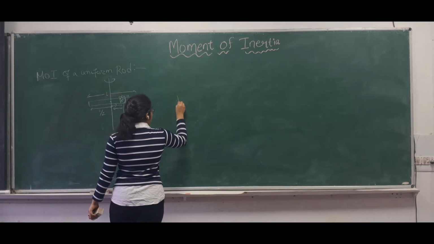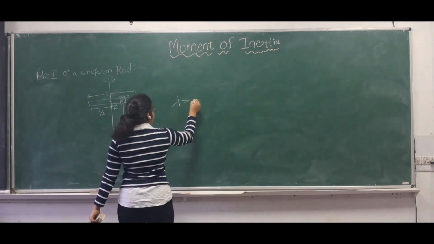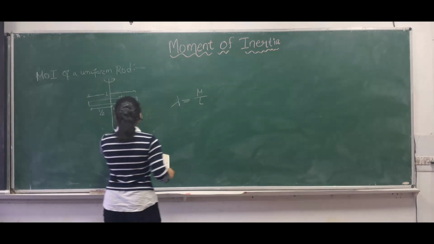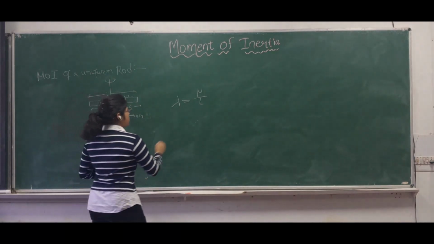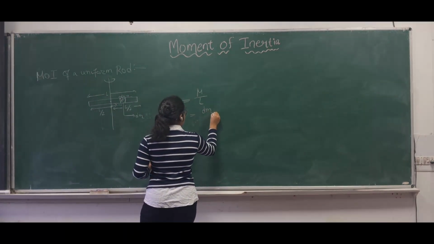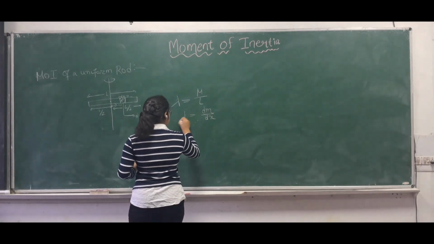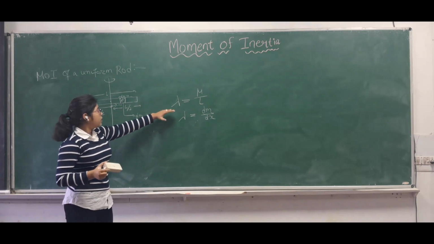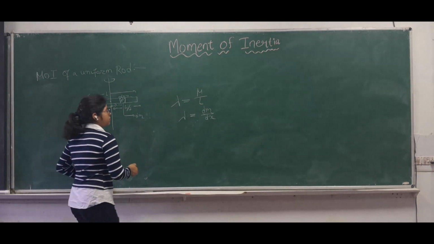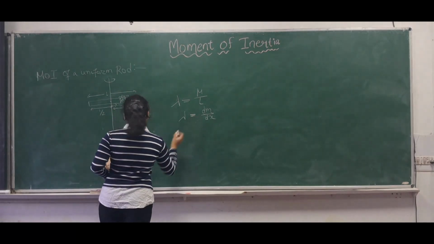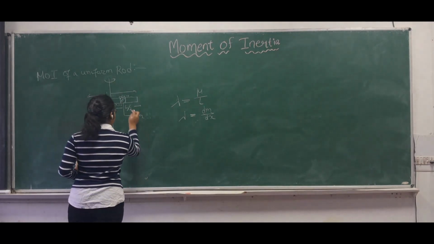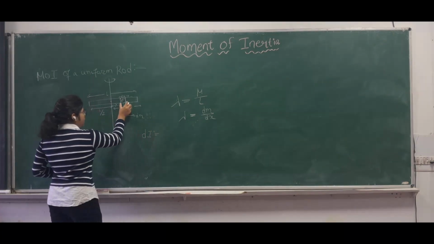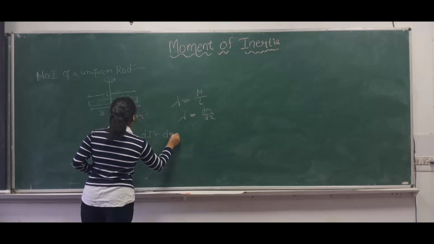The mass density lambda equals M by L. Since the mass is uniformly distributed, it is called the linear mass density. Therefore, the moment of inertia of this small portion, dI, equals the mass of this small element times the distance squared.